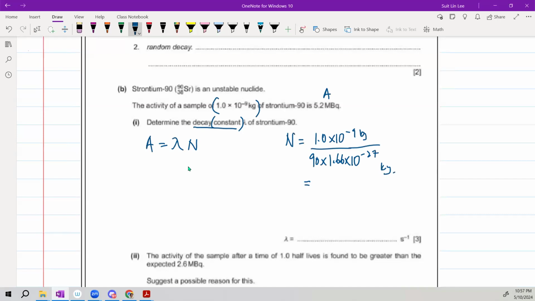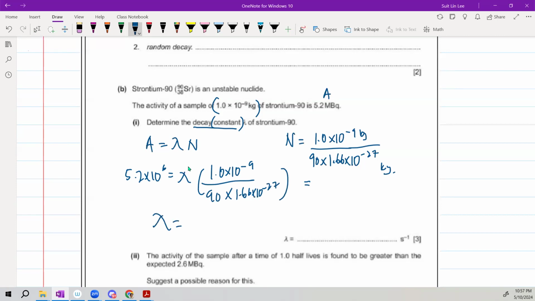Okay, then you put everything inside. 5.2 mega, mega is 6. Lambda. After you announce your equation, at least spend a line to show the calculation.